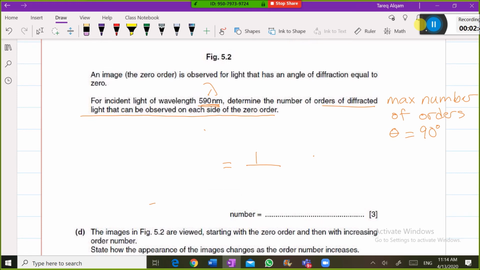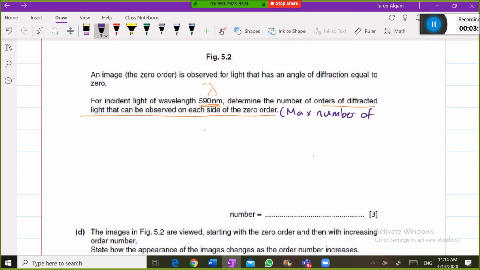Well, then we are given that for the incident ray, or incident wavelength, 590 nanometer, determine the order of diffracted light that can be observed on each side of zero order. And this means that we are asked about the maximum number of orders that can be observed.